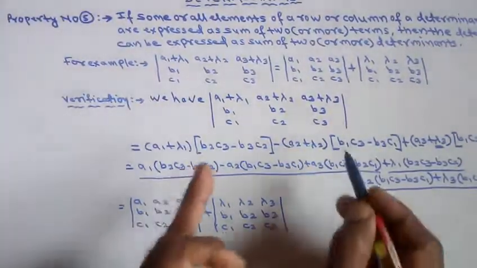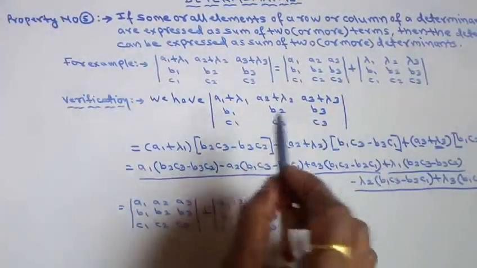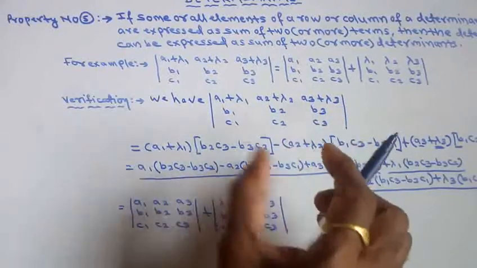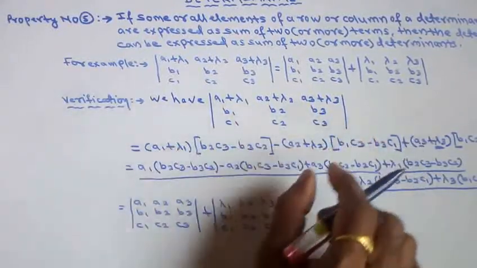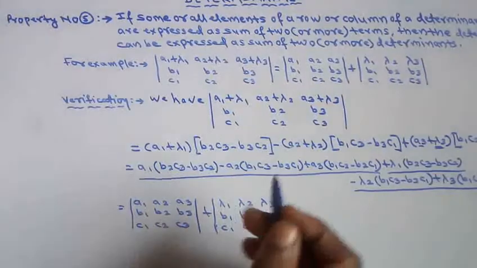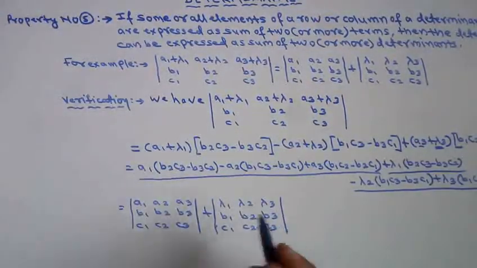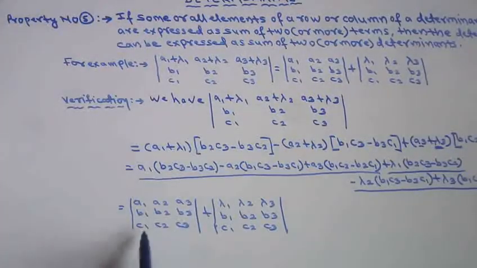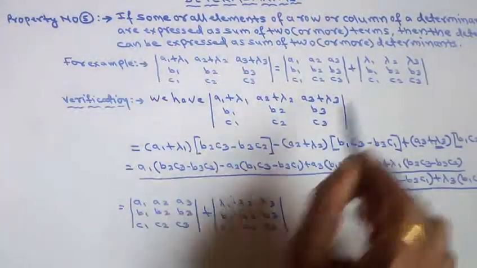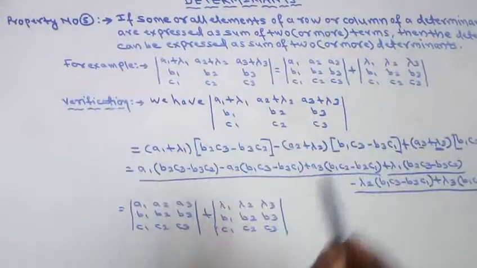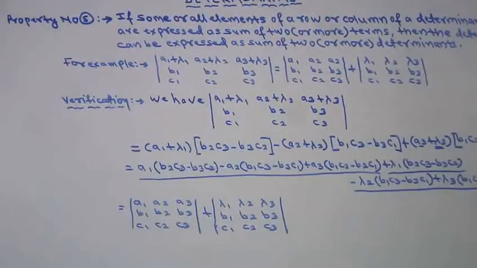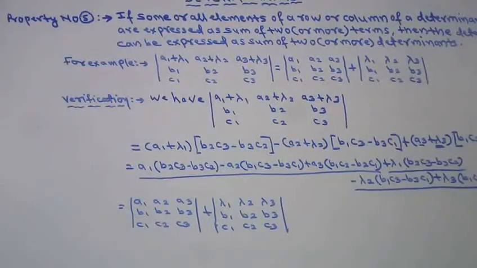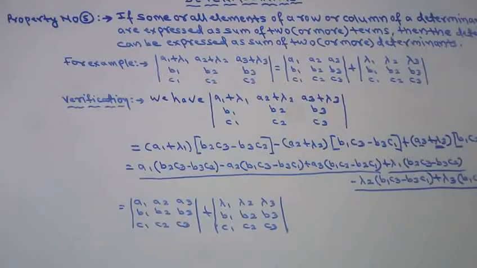So I have written this determinant here, lambda 1, lambda 2, lambda 3. These numbers were added in the first row. Okay, so we can split it in this way. We can write the determinant as A1, A2, A3, B1, B2, B3, C1, C2, C3 plus these added numbers lambda 1, lambda 2, lambda 3, B1, B2, B3, C1, C2, C3. So in this way, we can verify this property.